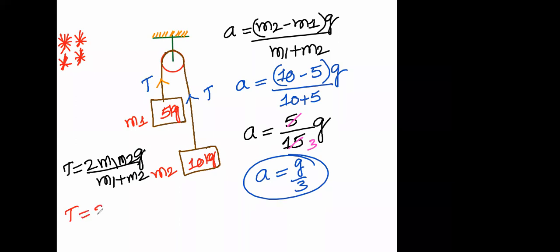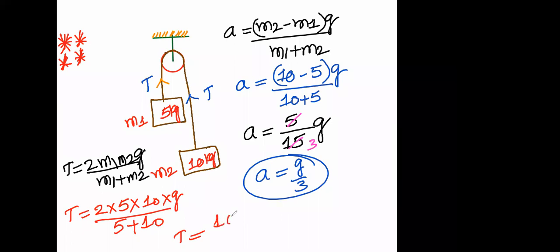Then tension T is equal to 2 into M1 which is 5, M2 which is 10, into G divided by 15. 2 fives are 10, 10 into 10 is 100, so 100 G divided by 15 we will get.